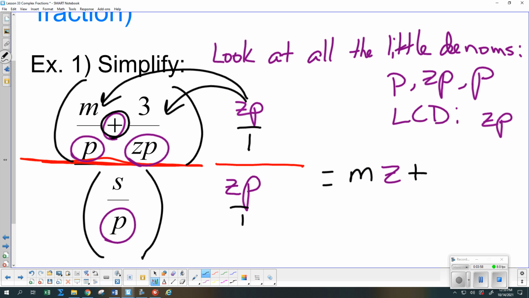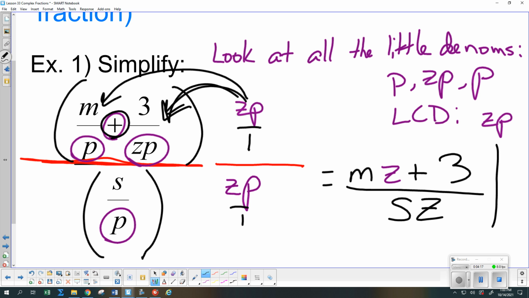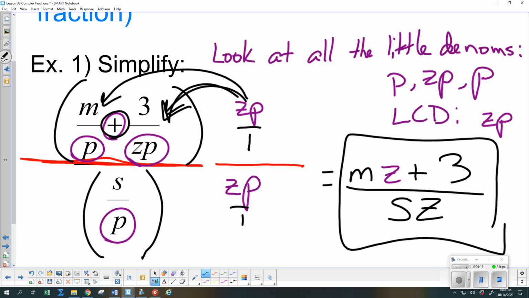And then I take ZP times the 3 over ZP, and the ZP cancels, and I just have the plus 3. Then I need to multiply the denominator, so I get SZP over P, the P's cancel, and I have SZ, and I am finished after just that one step.